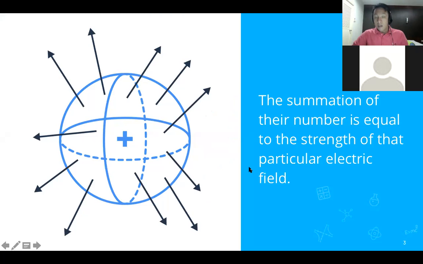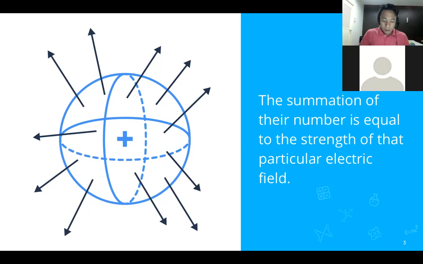The summation of the numbers is equal to the strength of that particular electric field. Right? So the force or the strength or the density of the electric field traveled to a particular space, okay, it will be based on its number of lines or number of charges.